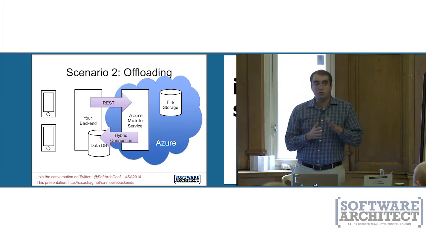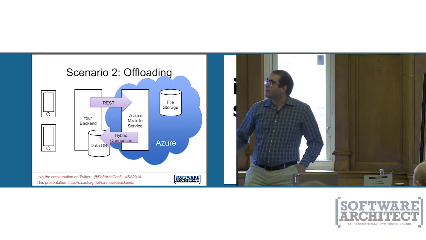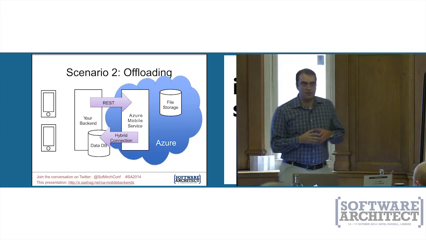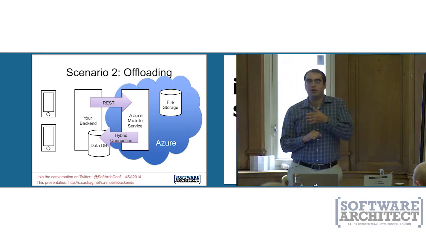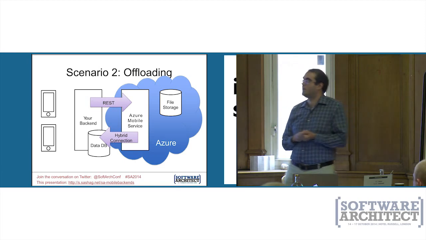Again, without getting into too much detail here, your backend running on your servers can access mobile services using simple HTTP calls, just the way the client application can talk to the mobile service. Of course, your own backend code can also consume the mobile service in the same way.